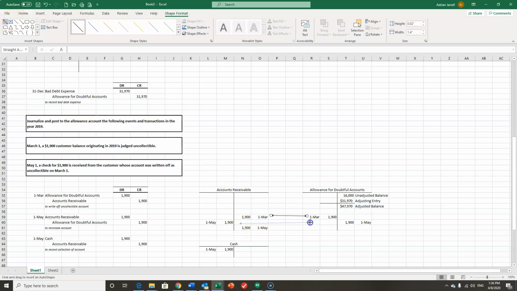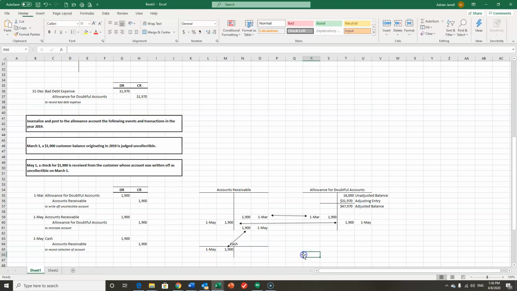These 2 postings come from the same entry, basically just reversing the former one, and then this posting comes from one entry. So that's how we record the bad debt expense, and then how we also record an uncollectible account, and then the reinstatement and collection of a formerly uncollectible account.